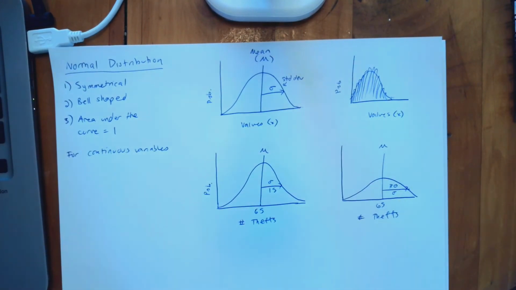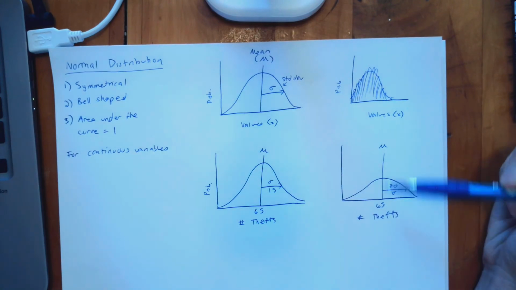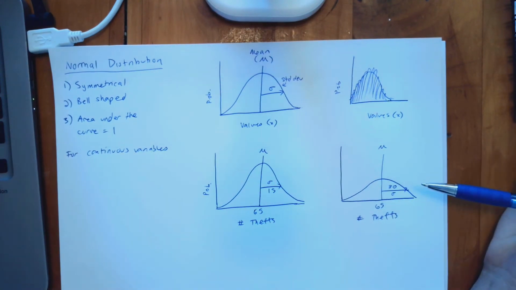So we're saying in this store here, the most likely number of thefts that's going to occur is also 65 thefts. But what you can see is a difference in how spread out the graphs are. And when we talked about standard deviation back in the first unit of the course, we said it shows how spread out the different values are around the mean. And when you look at a graph, it shows how narrow or how fat the graph is. It's the same thing when we're talking about the mean and standard deviation of a probability distribution.